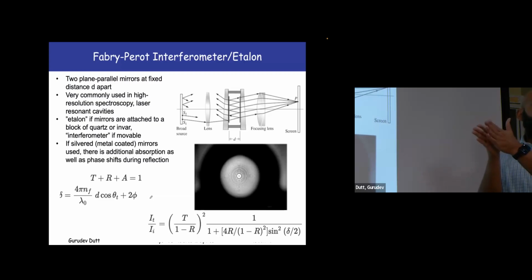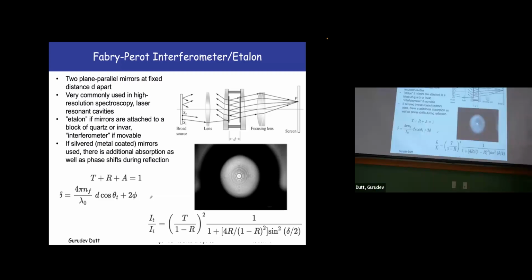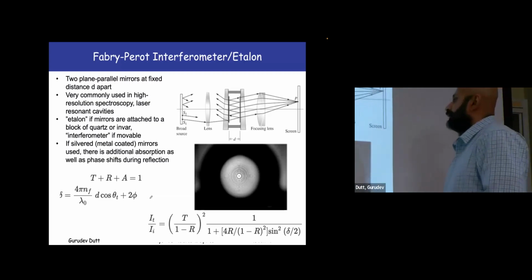Often people attach two very nice mirrors to rigid rods made of Invar or to a quartz block, because quartz and Invar are both very low thermal expansion materials. Quartz is also very transparent, so it's good for that reason too. For Invar, you have to do a little more machining, but anyway.